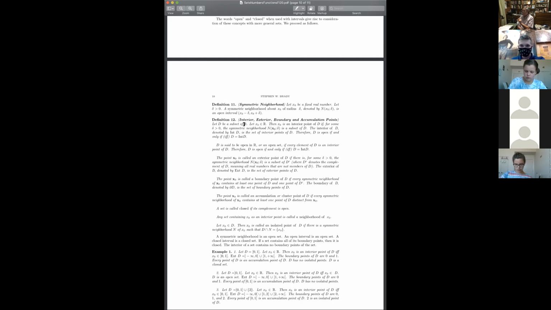What about 1/10? Is that an interior point? Can I surround the number 1/10 with some numbers that stay inside 0, 1? It's a smaller little neighborhood, but it is still true. Yeah. Every number between 0 and 1 is an interior point of the interval 0, 1. Okay? And we'll be doing this a lot.